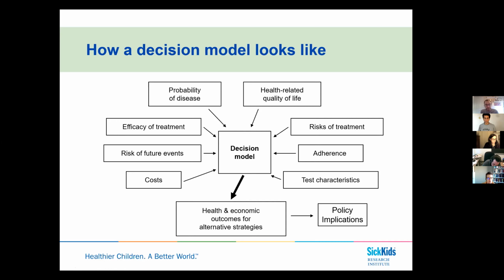Is there a treatment? What's the efficacy of it? What's the adherence level? What are the costs associated with the disease and the treatment itself? What's the risk of future events? All of that is synthesized through that model to get an estimate of healthcare and economic outcomes for different options or strategies.